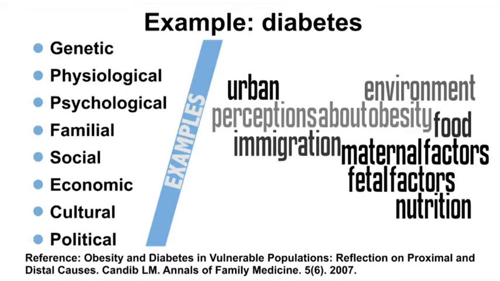Social factors, such as nutritional change to eating higher calorie foods and higher fat foods, urbanization, immigration, and cultural perceptions of what it means to be overweight or obese may have an effect. Economic factors such as changes in the cost and/or availability of food in certain areas may also play a role in the development of diabetes.